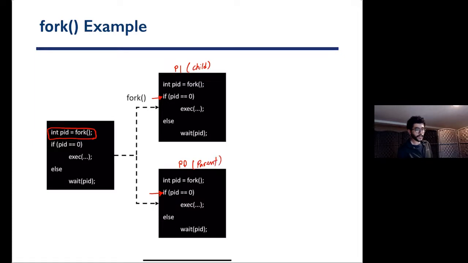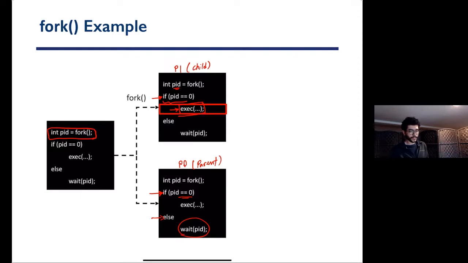In the child, this pid is 0. So when we check this, we're like, oh yeah, it's 0, so we come here to exec. In the parent, we check pid, it's not 0. Then we go to else, and we probably want to wait. You don't necessarily need to wait, but you could, right? You say wait pid, so I'm going to wait for my child.